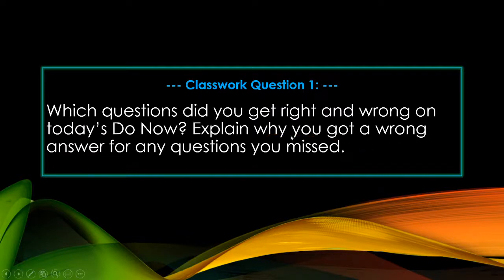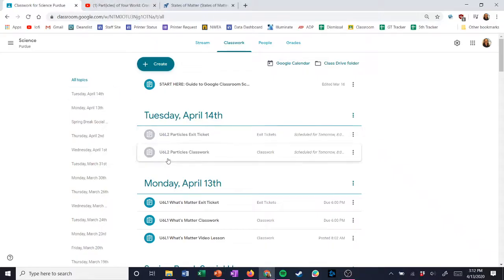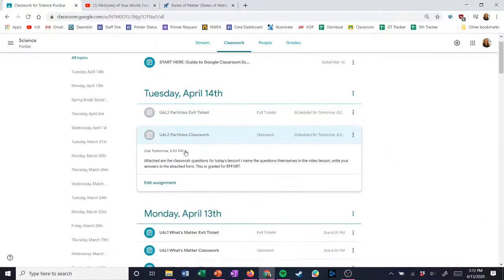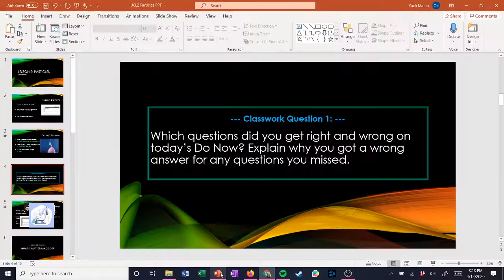So just to make this really clear, because a couple folks are still getting confused on the classwork questions, if I come to today's classwork assignment and I click on the form and I look at it here, I have classwork question 1, and you are going to answer this question I'm asking you. So the question is, which questions did you get right or wrong in today's do now?